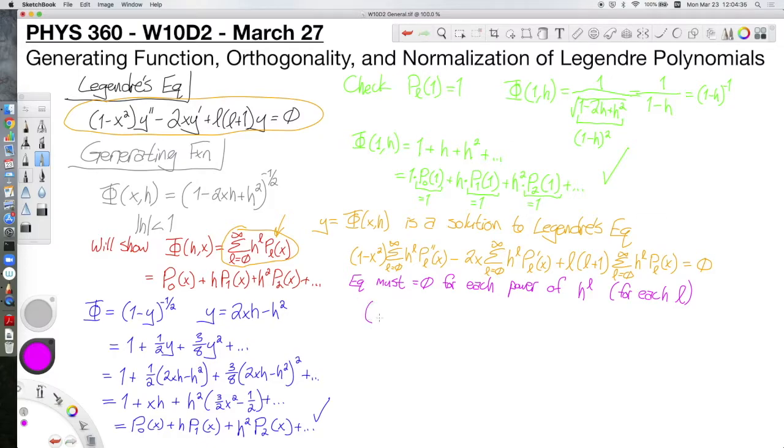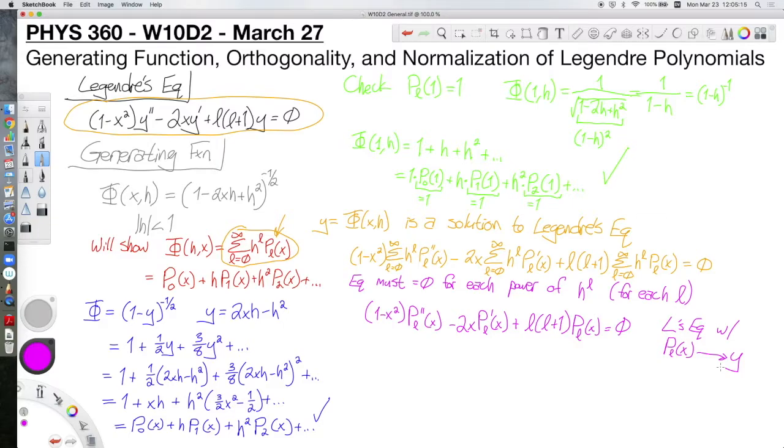So we have 1 minus x squared times P_l double prime of x minus 2x times P_l prime of x plus l times l plus 1 times regular old P_l of x equals 0. So this is Legendre's equation with P_l of x plugged in for y.